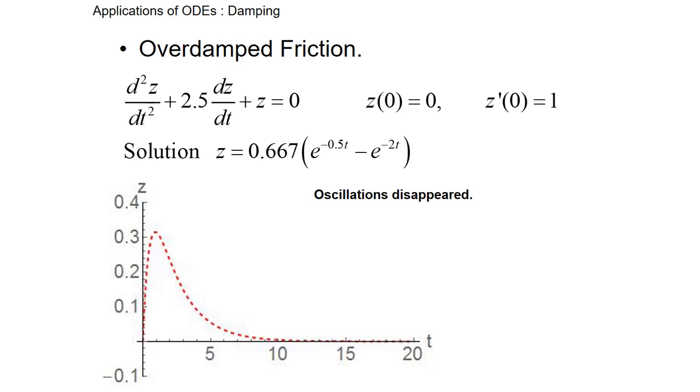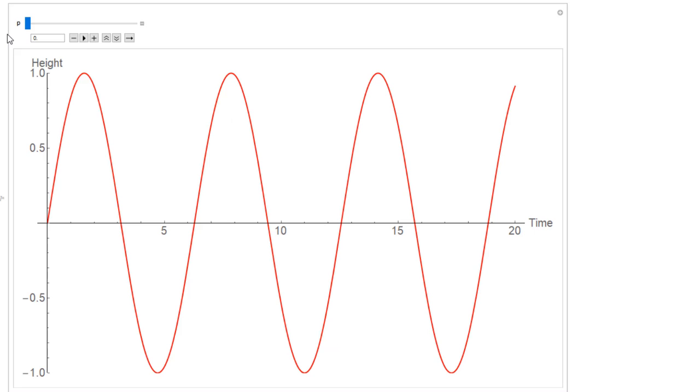If we were to increase further, it would simply not reach such a great height, and again it would return to 0. So that's the effect of friction on an oscillator such as a weight on a spring. We have the case without any damping, it just oscillates indefinitely.